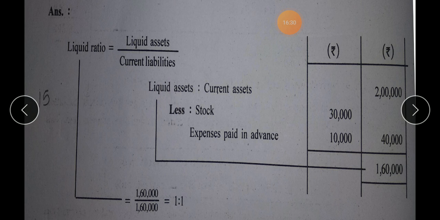So 1,60,000 upon 1,60,000, obviously the answer is 1:1. Yes? And that's all. So we are done with illustration 14 about how to find out liquid ratio. But make sure that once you study the calculation of liquid ratio, you are completely aware about the calculation of current ratio at first.